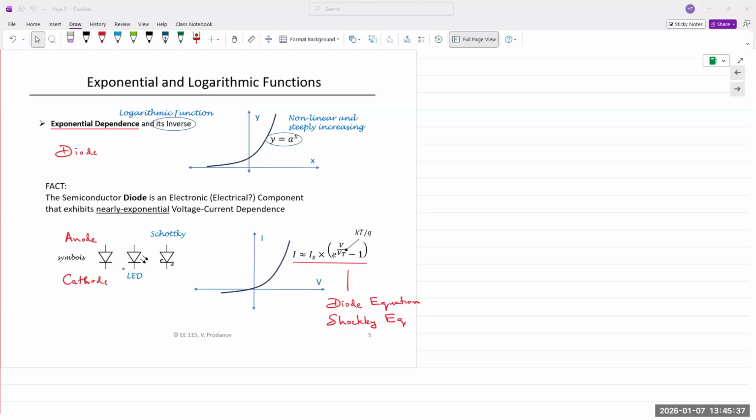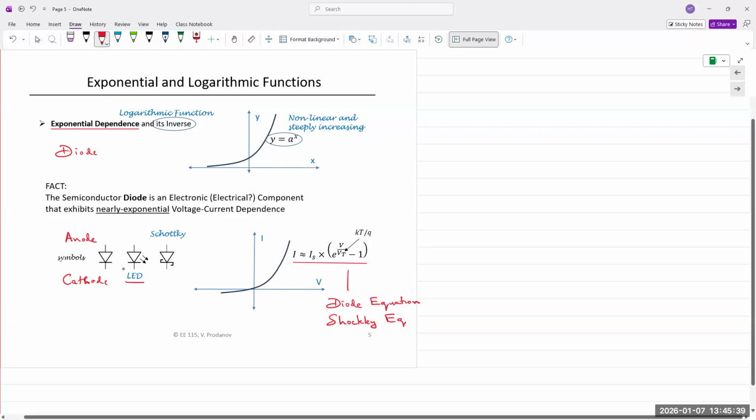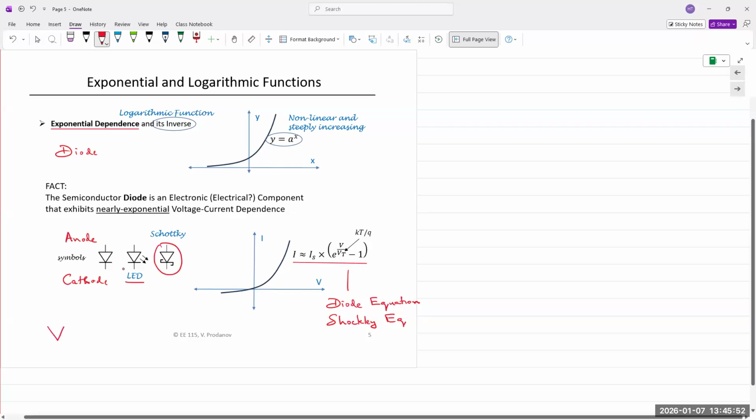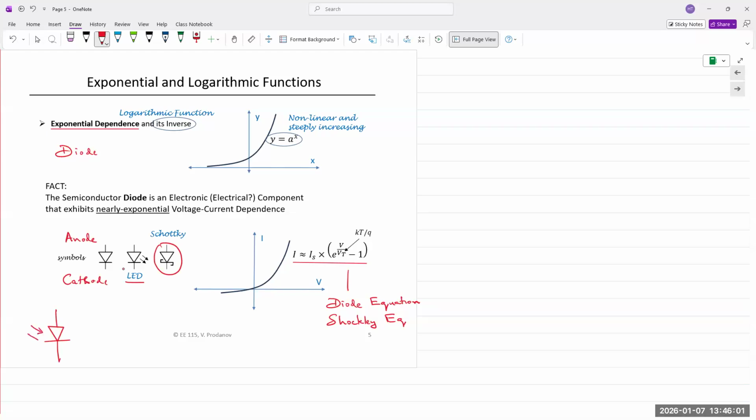Then there are light emitting diodes, hence the LED acronym. And then this is known as the Schottky diode, named after the person who invented it, Schottky. If you see a symbol that looks like this, which is a diode, with light falling or coming into the diode, it's representing a photodiode that receives the light.